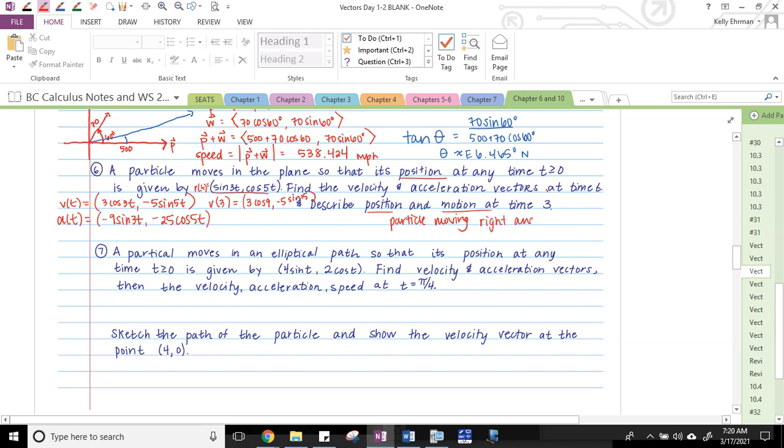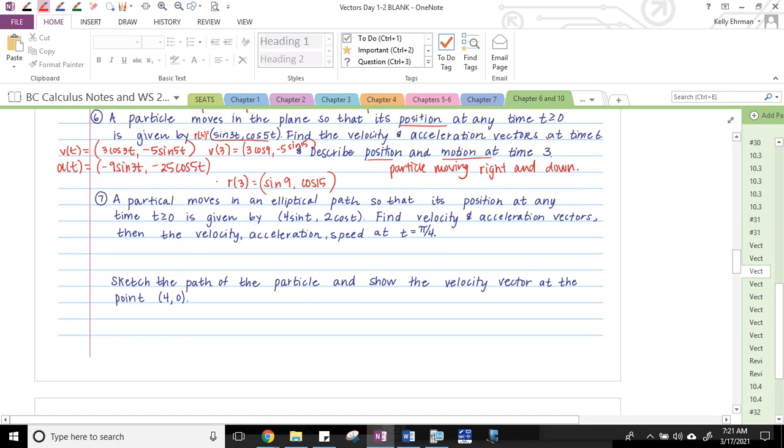And because that's negative, down. And then what about the position? So r of 3 is equal to sine of 9, cosine of 15. There's not really anything else to say about that, just that's the position, and at that time it's moving to the right and down at the same time.